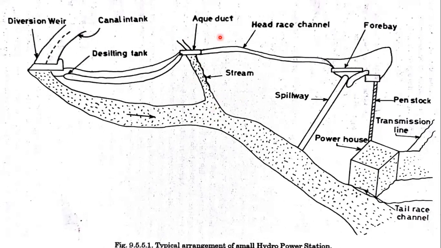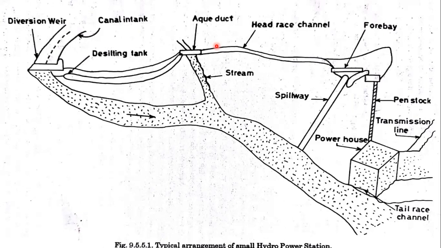For small hydro stations, usually solid boulder structures and trench type weirs are employed. Trench type means it is suitable where rock is not available in the riverbed. And boulder type will be preferred if boulders are available in the river and rock is encountered in the riverbed within 1 meter depth.